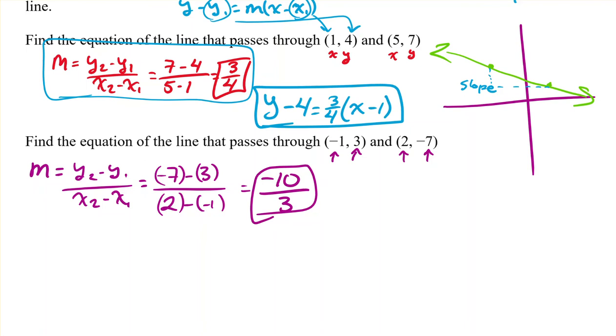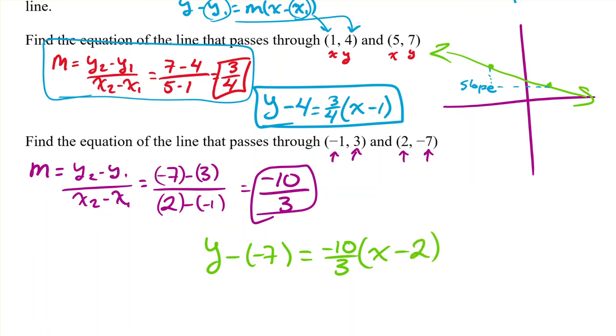Our slope is -10/3. And so we're going to put this into the slope point version of a line. Instead of using the first point, we'll use the second point. It's not that big of a deal. So y minus -7 equals -10/3 times x minus 2.